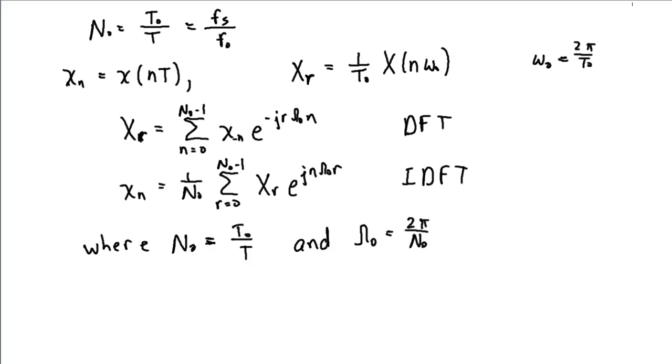Okay. Let's talk a little bit about choosing appropriate values for T and T0. So T is my sampling time, and T0 is the interval over which I'm going to take samples. So we know from the Nyquist criterion that our sampling frequency has to be greater than twice the bandwidth of my signal.